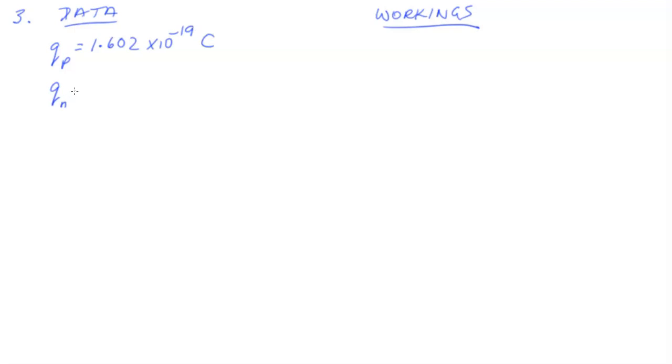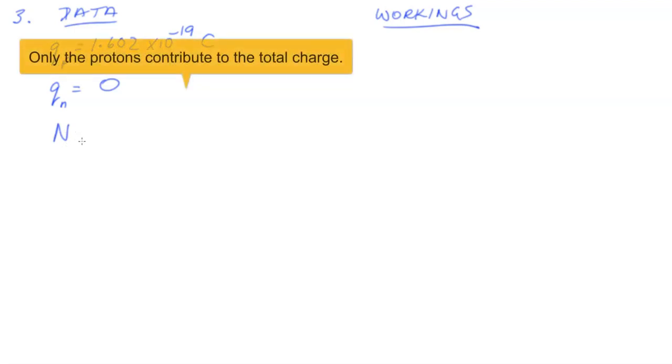So problem 3: an alpha particle consists of 2 protons and 2 neutrons. Calculate the charge on an alpha particle. The charge on a neutron is 0, they're neutral. We have how many particles all up? Well, there's 4 particles, but there's only 2 protons.